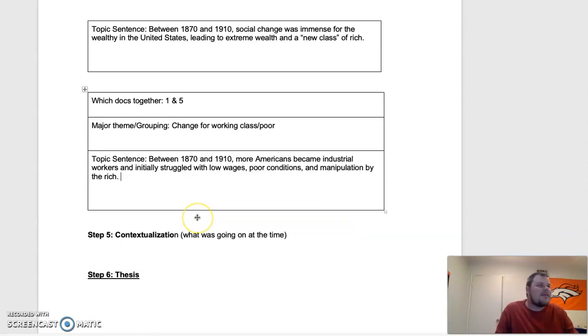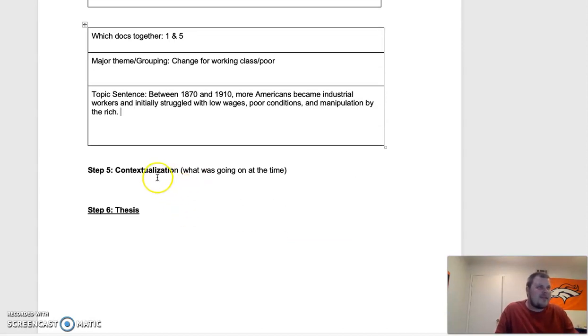Again, I might change it a little bit, and that's totally okay. Not everything has to be totally set here, but this is just something to keep in mind. Contextualization, what's going on at the time.